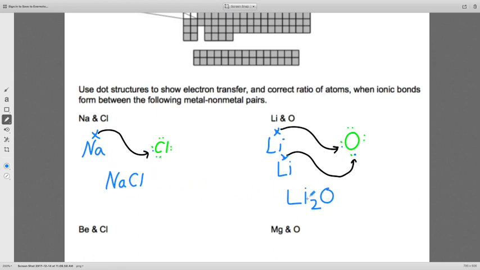So NaCl and Li2O. Another thing I might note is when this happens, we do get a charge being carried on these ions. So this sodium atom, once it lost its valence electron, is now carrying a plus charge. It's ionized. This chlorine, because it has picked up a single electron, is now carrying a minus charge. And again, the reason why ionic compounds stick together is positive charges are attracted to negative charges.